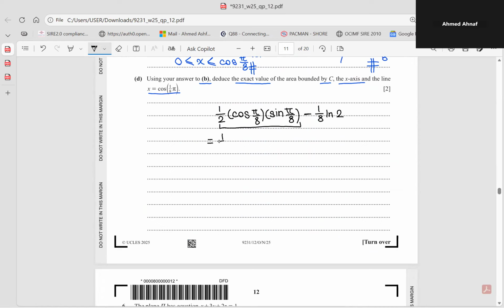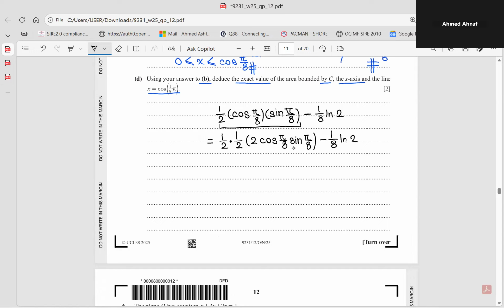Okay, so this is half times half. Since we don't have the 2, we have to put the 2 for the double angle formula. So half times 2 cosine pi over 8 sine pi over 8, minus 1 over 8 ln 2.